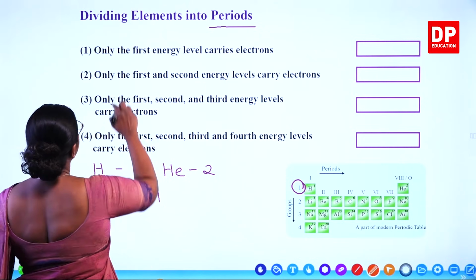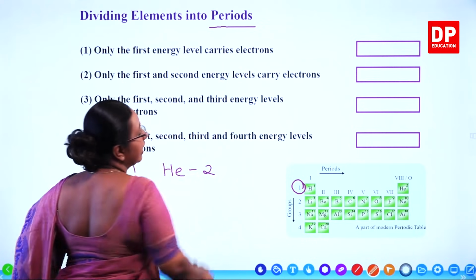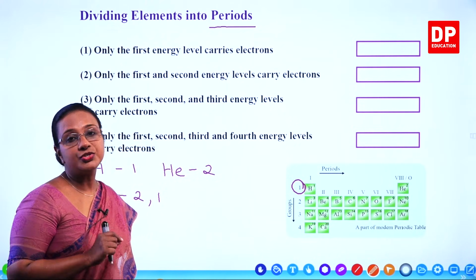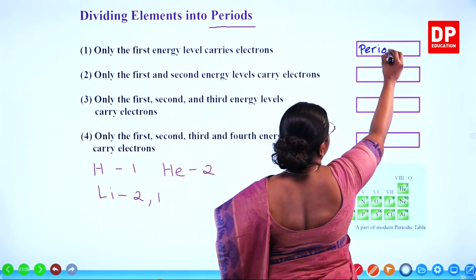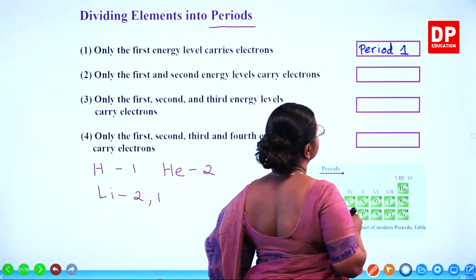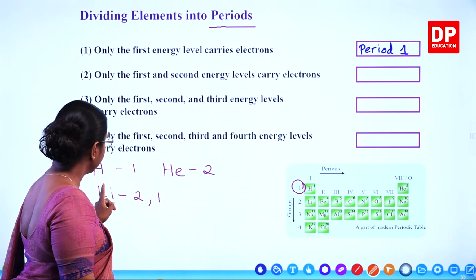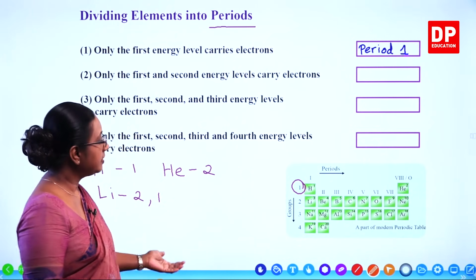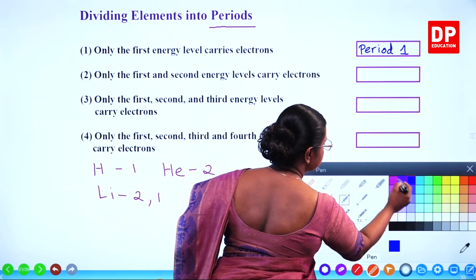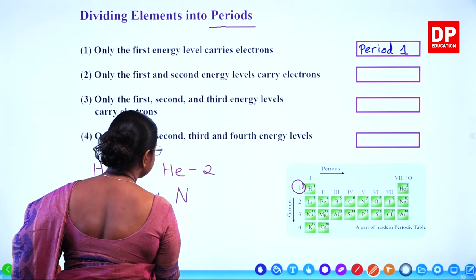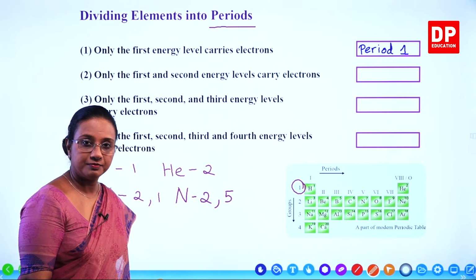So that means if an element has electrons only in the first energy level, then those elements go to period 1. Then we look at the second example, lithium, 2, 1. Similarly, if we take another example, nitrogen has 7 electrons, so the electronic configuration is 2, 5.